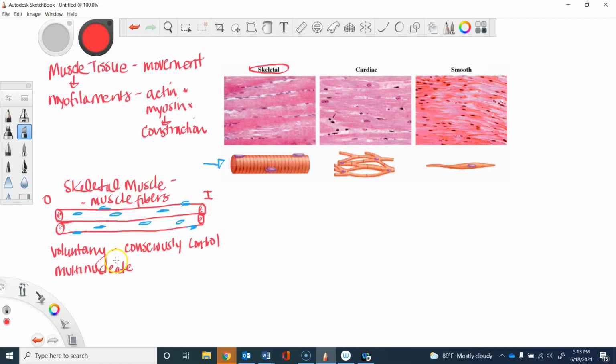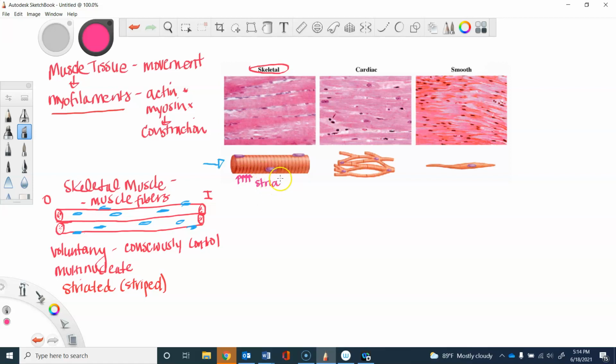All right, another thing about the fibers themselves is that they are striated. So kind of like striped. And that striated look is created by how those myofilaments, the contractile proteins, are arranged. Okay, so on this picture here, these little lines are the myofilaments.